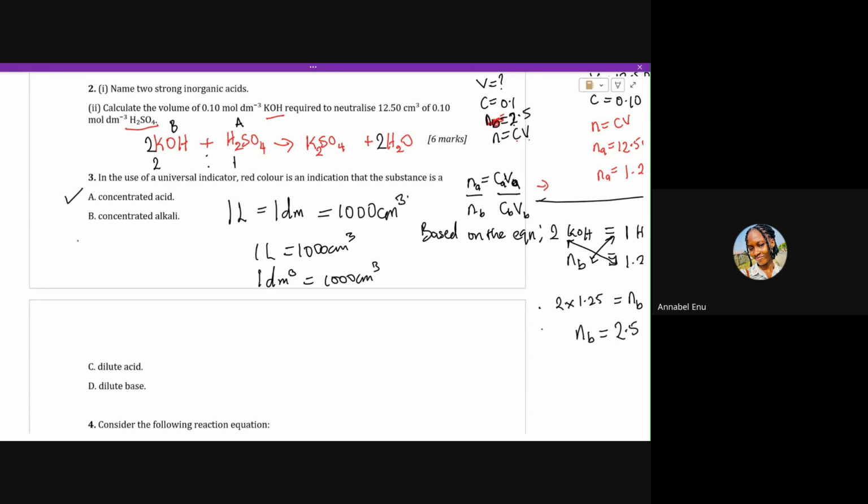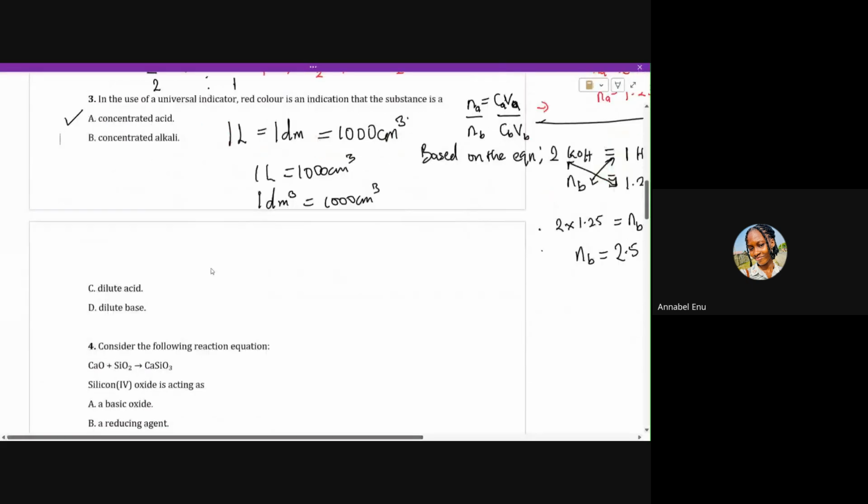So it is less active. Just like a medicine that you open and you leave to the air. People say it won't be as useful again as the one that has been in the tablet. So concentrated acid is the answer.